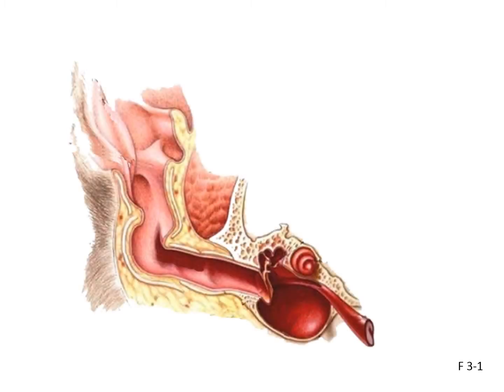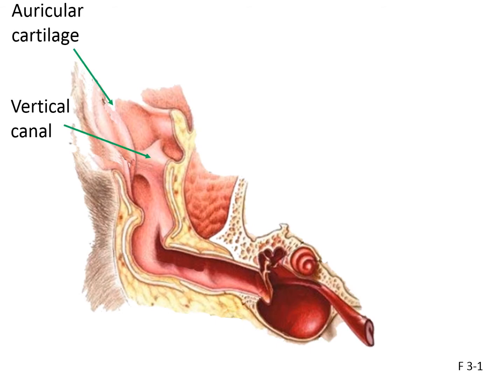Let's now look at the entire picture, looking at all the important components through which sound travels, followed by how and where the sound is converted to mechanical actions, and how this is eventually converted to an action potential, which will eventually reach the cerebral cortex to be recognized as sound. From the environment, the sound is initially guided to the ear through the vertical canal, which is supported by the auricular cartilage in the upper portion of the pinna.